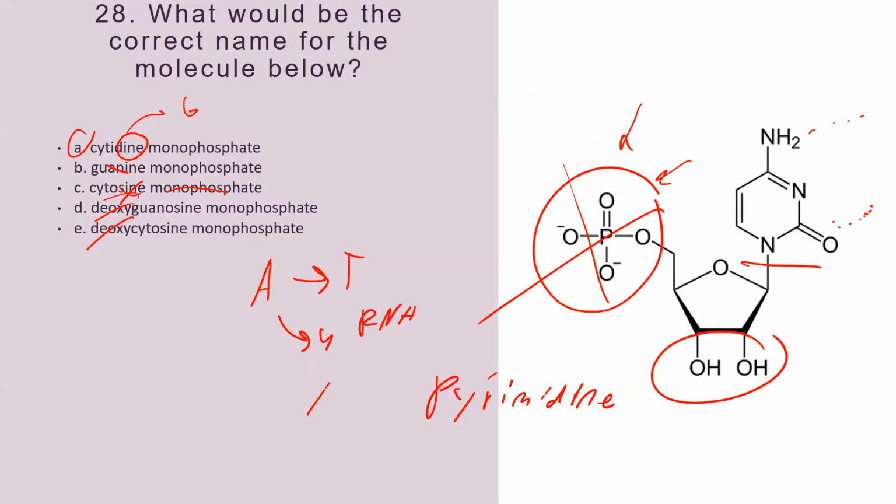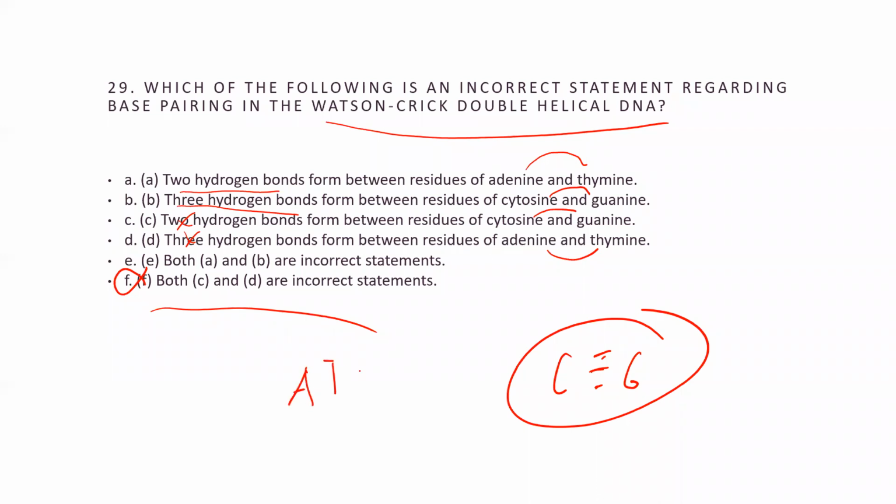A and T, there's a T in this bond, and 2 starts with T. So there you go. Just memorize it. Any questions about that?